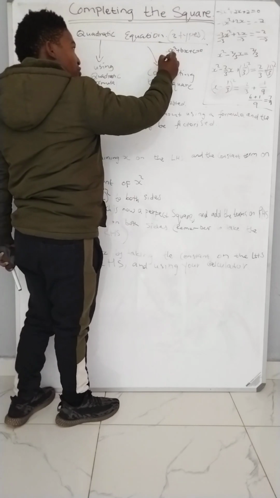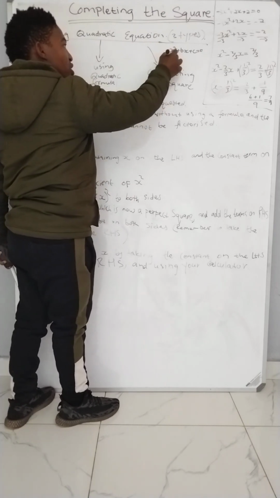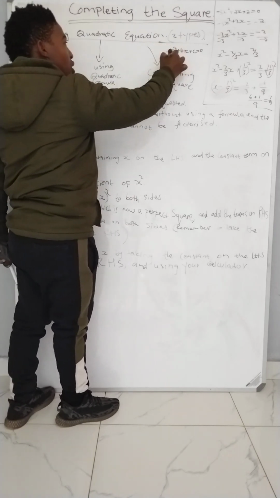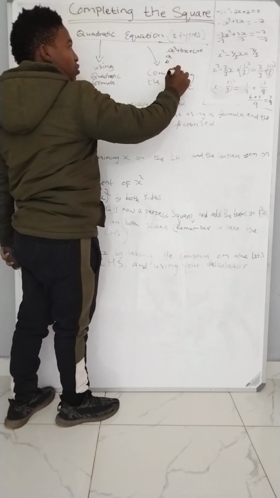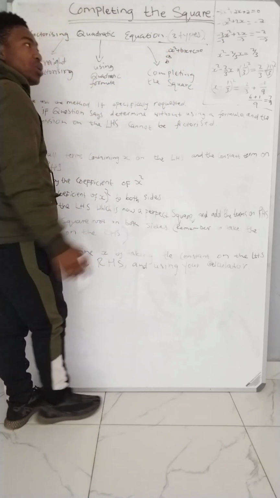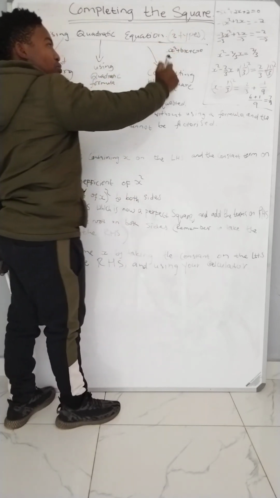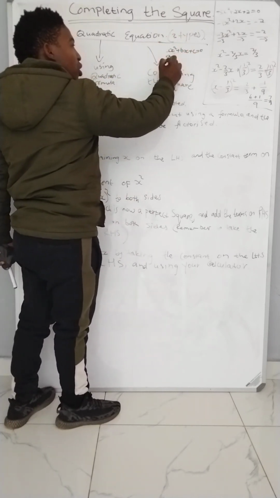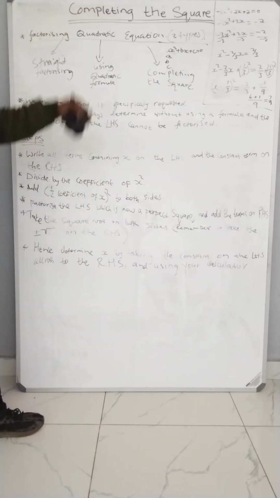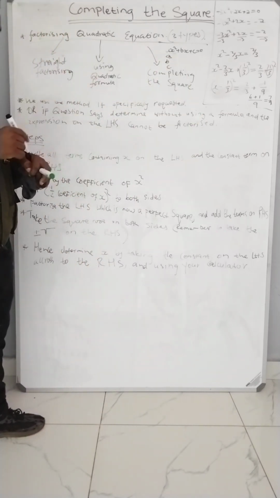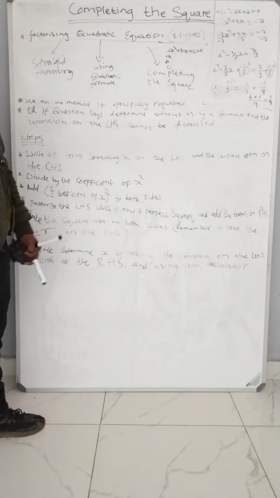Then you determine the value of a, the coefficient of x squared, the value of b, the coefficient of x, and your constant, which is c. When we have these three values, you then plug them into your quadratic formula.